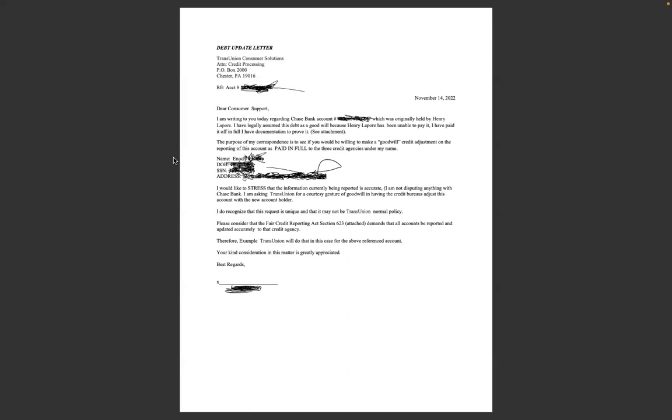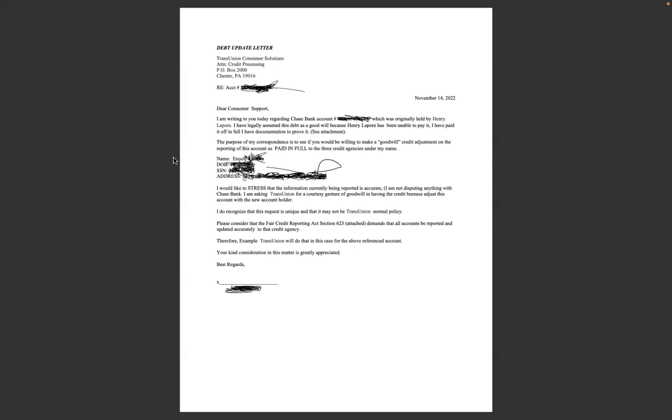I have documentation to prove it, and you're going to add the certificate of ownership and everything like that, right? You're going to put that in the back. The purpose of my correspondence is to see if you would be willing to make a goodwill credit adjustment on my credit report of this account as paid in full to the 3 credit agencies under my name, right?